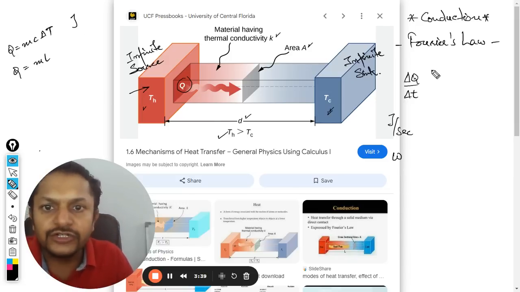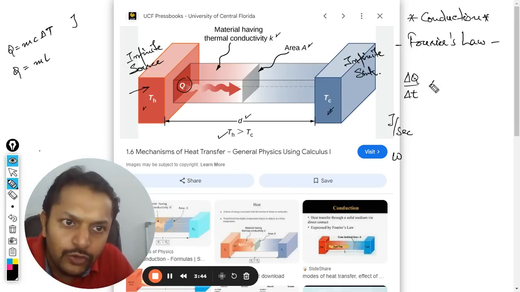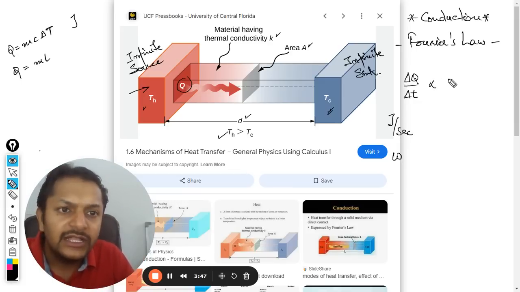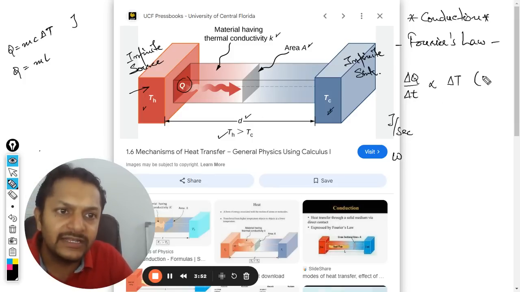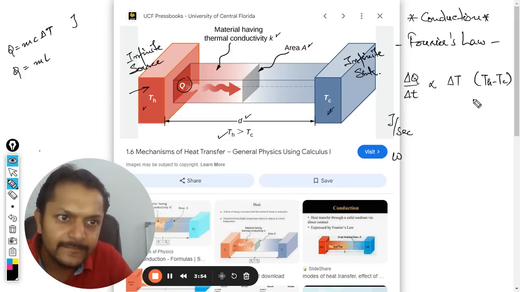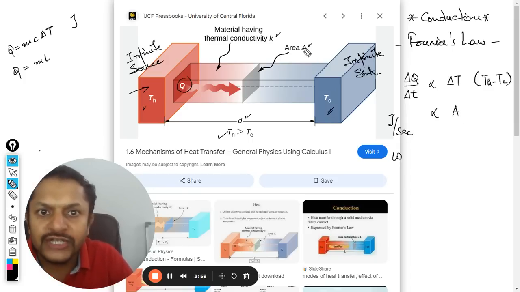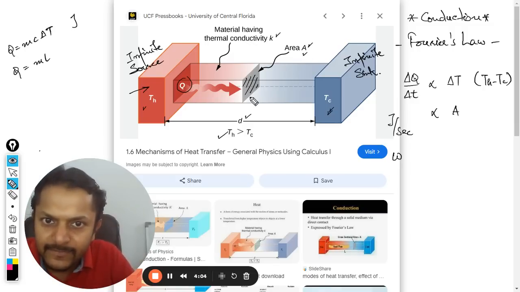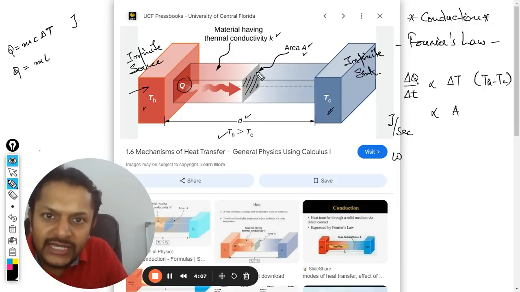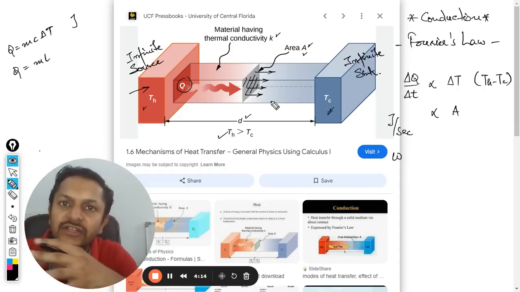According to Fourier's law, the rate at which heat flows in the rod is directly proportional, first, to the temperature difference delta T, or TH minus TC. Second, it is directly proportional to the cross-sectional area A of the rod, through which the heat is flowing.